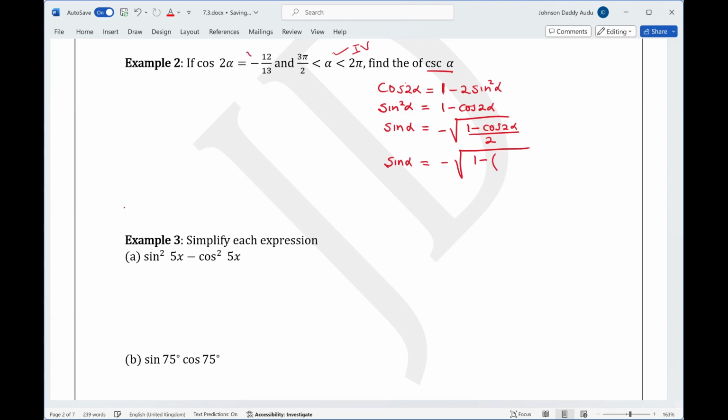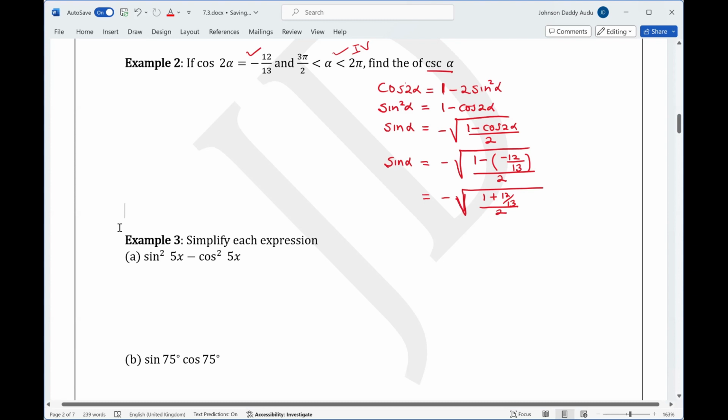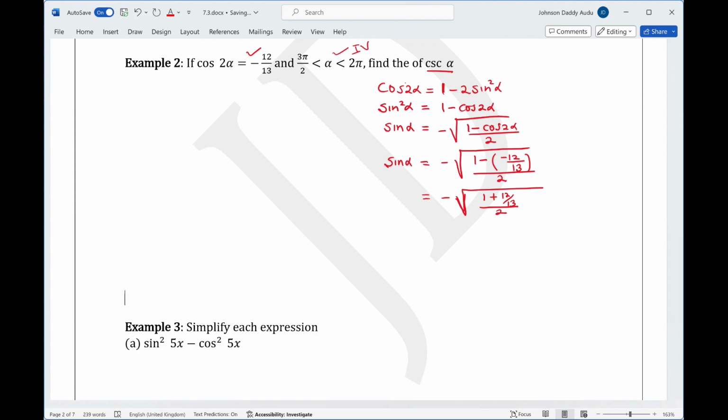What is cosine 2 alpha? It's given: minus 12 over 13. Everything divided by 2. So this is going to be minus, this is going to be now 1 plus 12 over 13 divided by 2. Don't forget that the 2 is still under the root, right? The 2 is also under the root, so we need to keep it there.